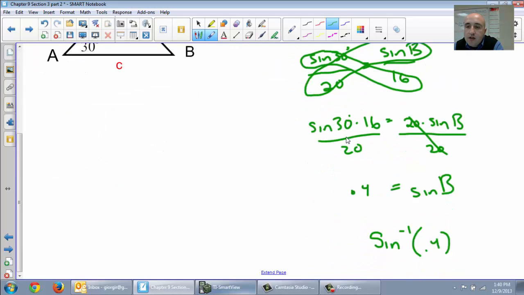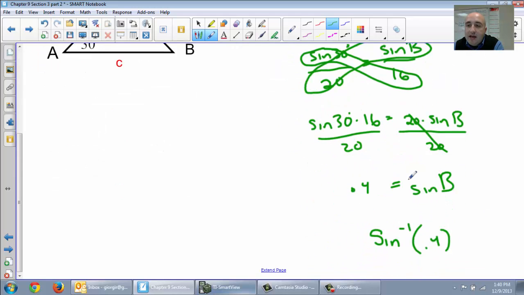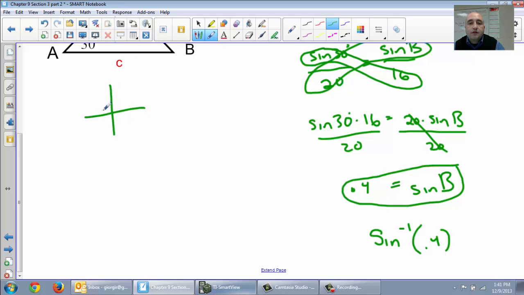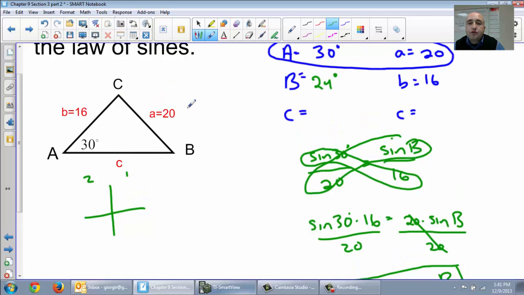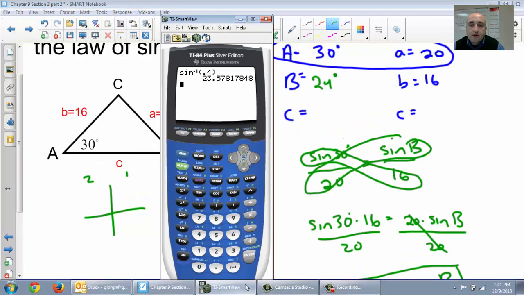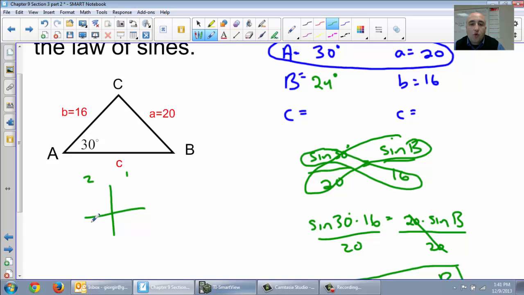Now, let's notice on the previous page, it says when your sine is equal to a decimal smaller than 1, our angle can be in the first or second quadrant. Well, we figured out this one is in the first. So our angle was 24 degrees, a first quadrant angle.